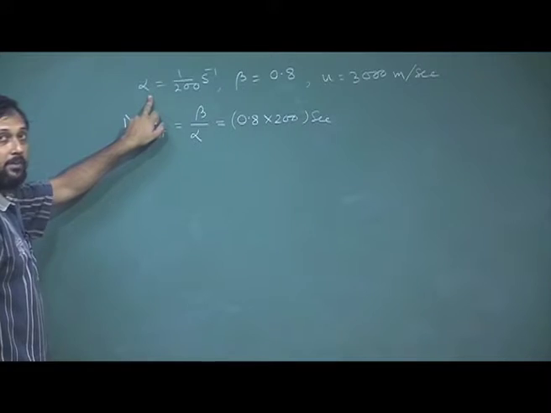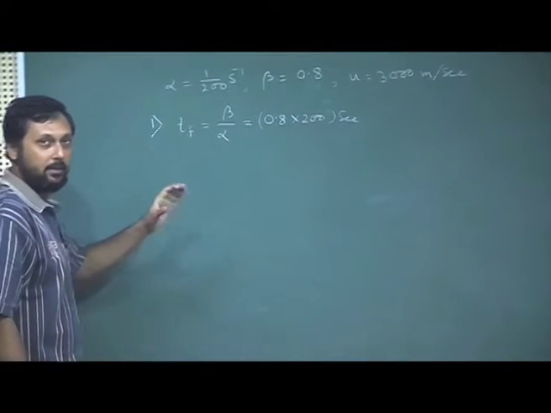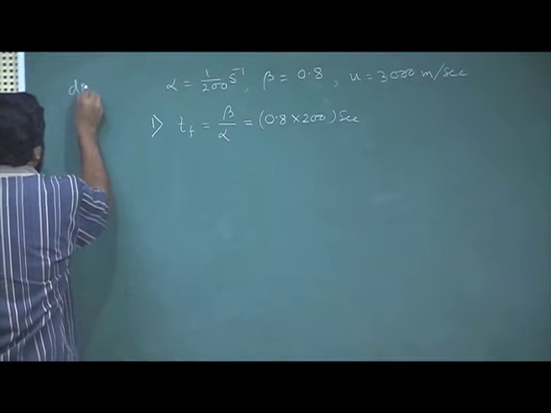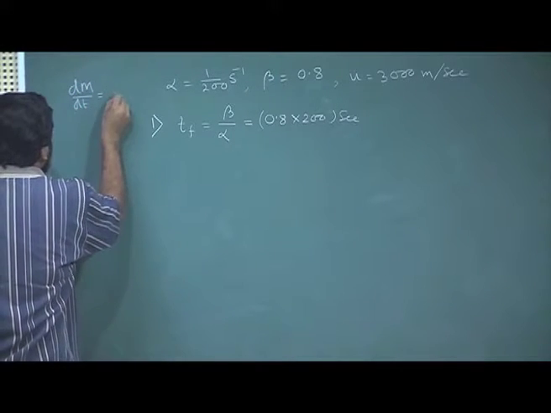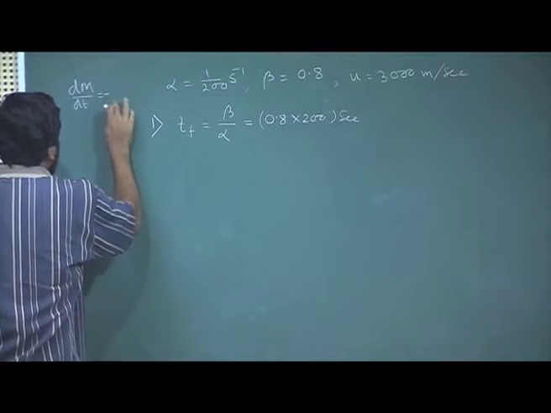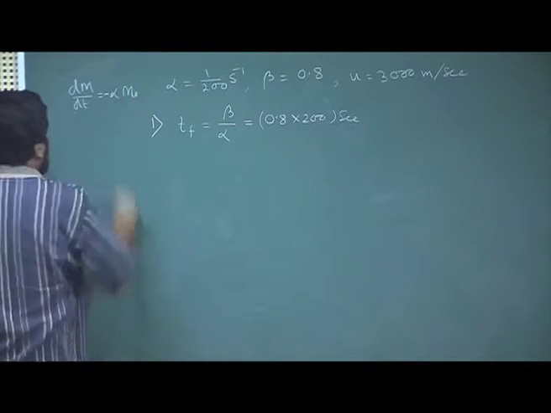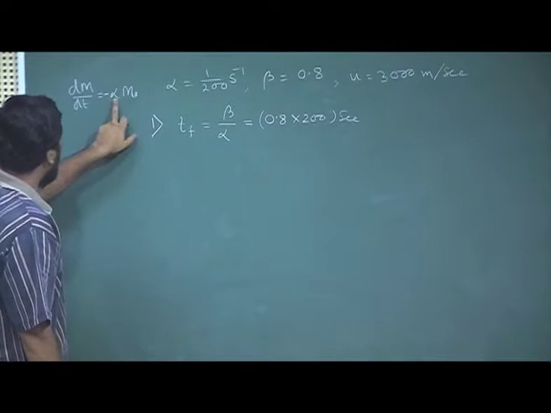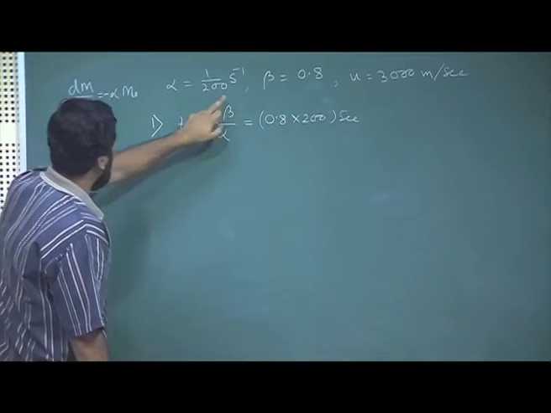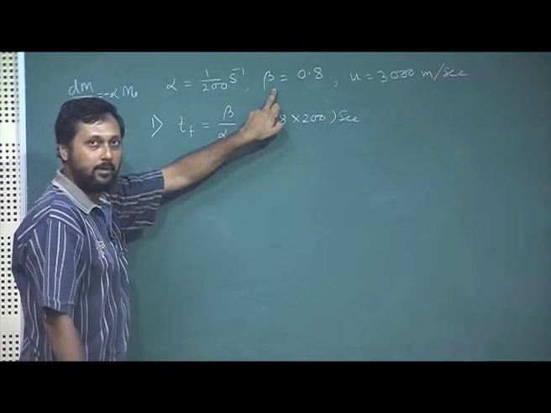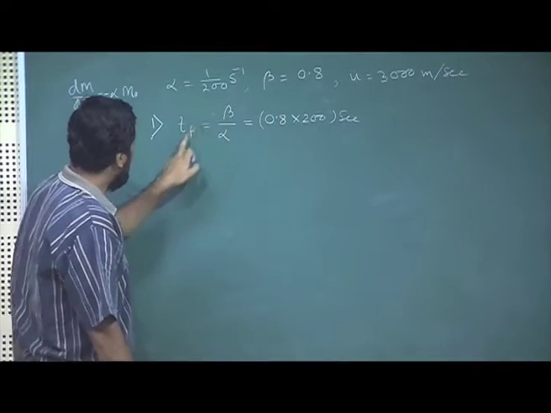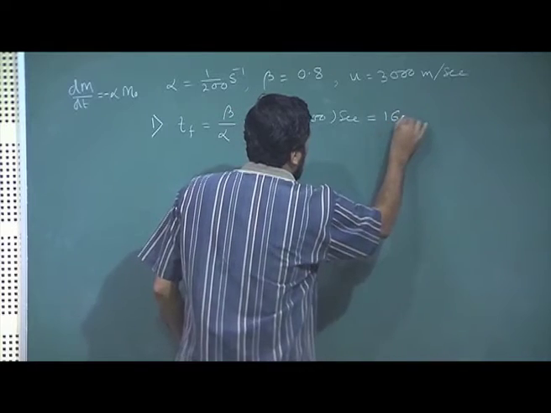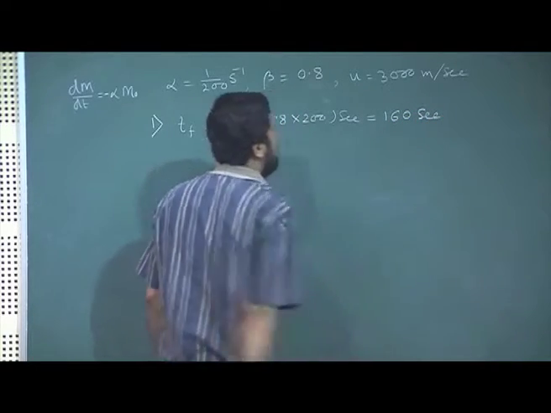It is kg per second typically when we are calculating dm/dt, but please recall that dm/dt is given as minus alpha m0. So, m0 is the unit of kg, so it will be kg per second. So, the unit of alpha is second inverse, and beta is a dimensionless quantity because it is a ratio of two masses. So, Tf is beta by alpha, which is equal to 160 seconds.